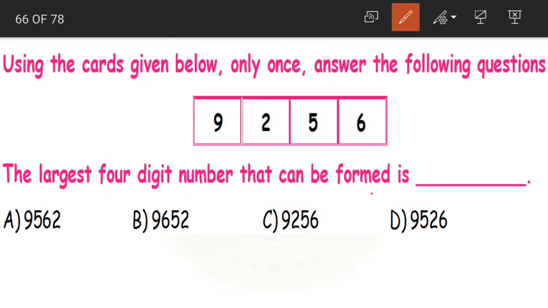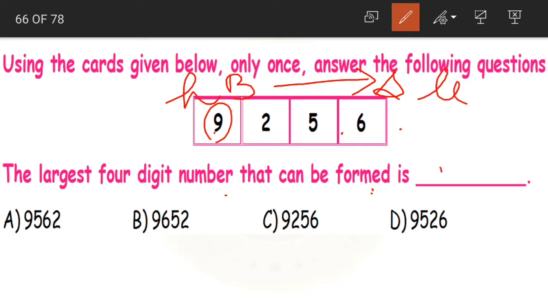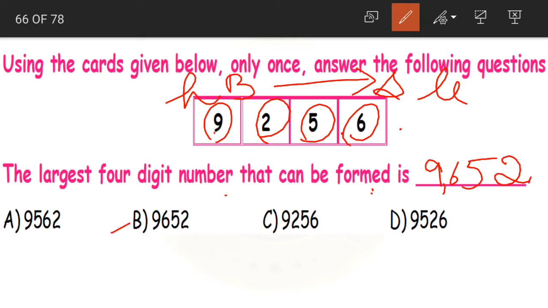Now, how do we find out the largest 4-digit number? We should write the numbers in the descending order from big to small, from the highest to the least. Yes. So, the first largest number is 9. Then we have 6. Then we have 5. And lastly we have 2. What will be our largest 4-digit number?